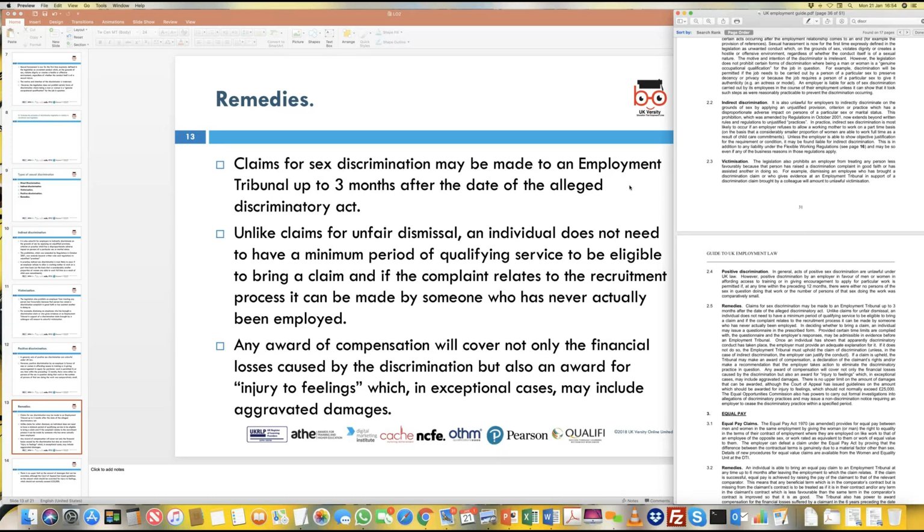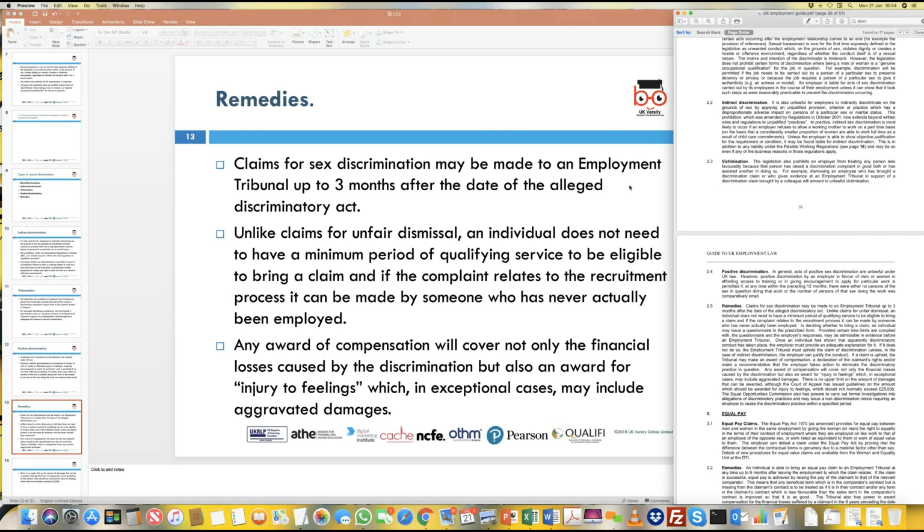So if you win the case, and you feel that discrimination has happened, then the company can be asked to pay or become liable to pay financial damages. That means they can sue the company to get financial compensation, and that compensation can be in the region of up to about £25,000.